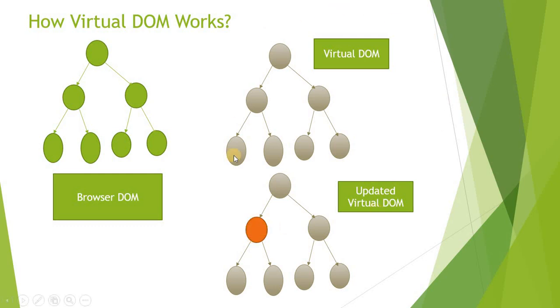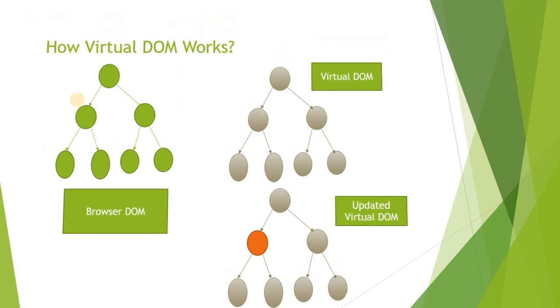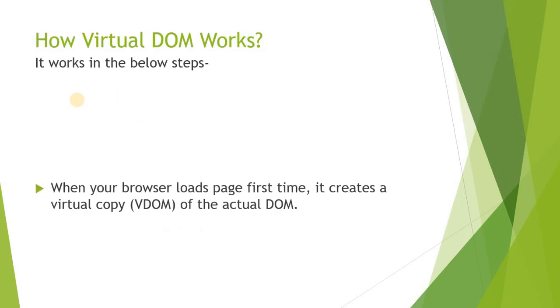After that, it calculates the differences of these virtual DOMs, finds out which node has been updated, connects with the actual DOM, updates the specific node of the actual DOM, and then repaints the page on the browser.